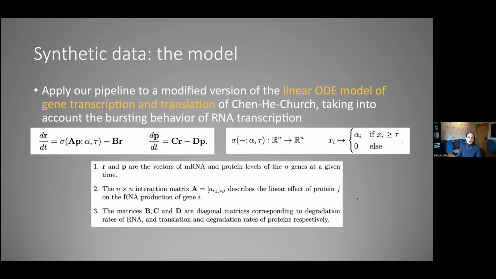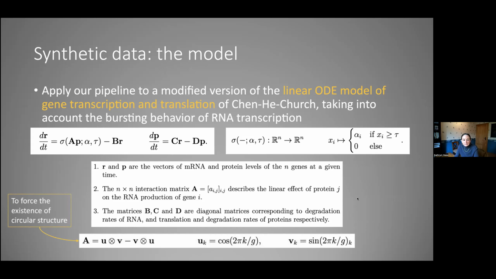So here's the model where we're looking at the vectors of mRNA and protein level. And we have an interaction matrix describing the effect of protein J on the RNA production of gene I. And then we have matrices corresponding to degradation rates of RNA, translation, and degradation rates of proteins as well. And the bursting behavior we take into account with the threshold function sigma.